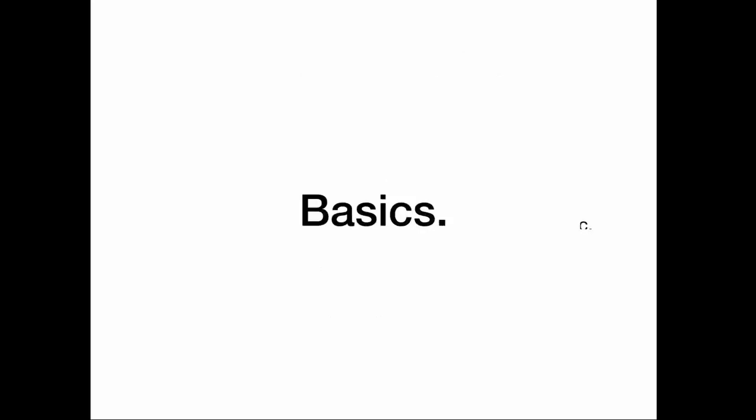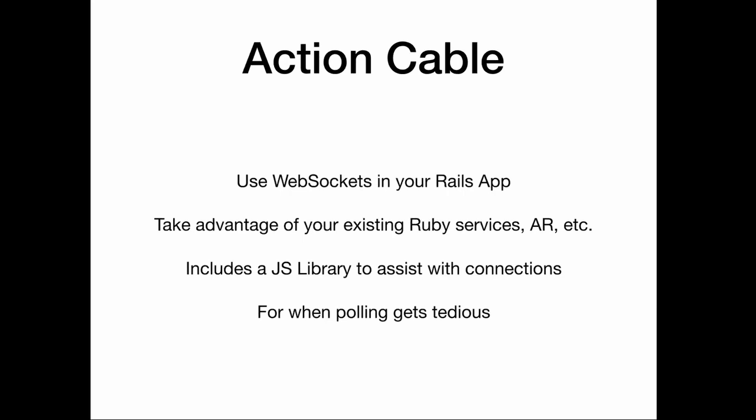So basics, I have to remember there's a delay with this Zoom thing. Anyway, ActionCable, for those of you who don't know, allows you to use WebSockets within your Rails app. A WebSocket is a connection between the client browser and the backend server for you to send messages back and forth. It's a lot faster, has a lot lower latency. It's essentially a long-living HTTP connection because it's upgraded.